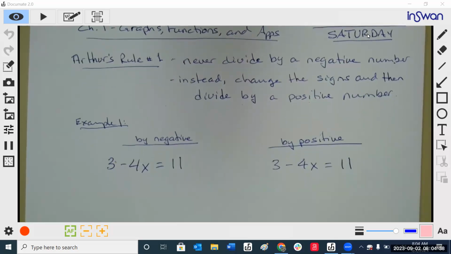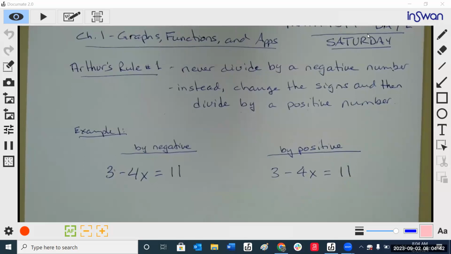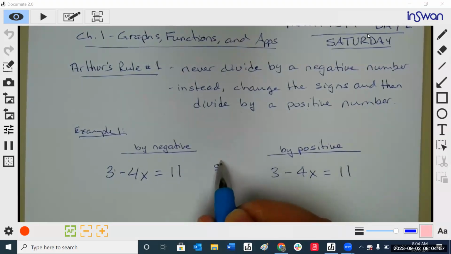So, on the left side, how would you all do it if I gave it to you as in-class homework? If you're solving for X, what would you do first? Here are the steps to solve.